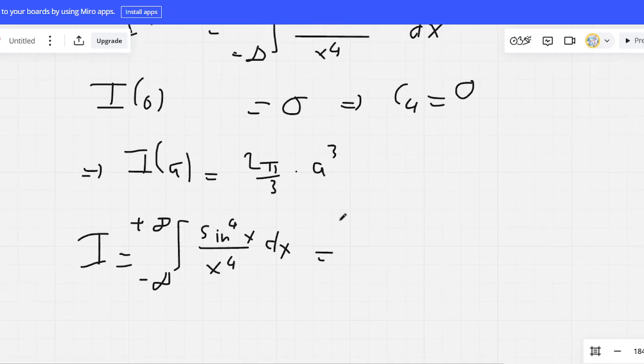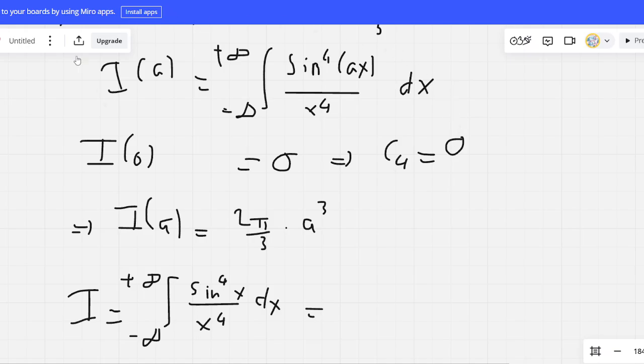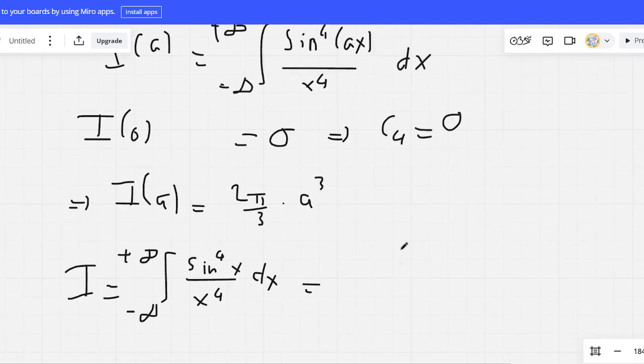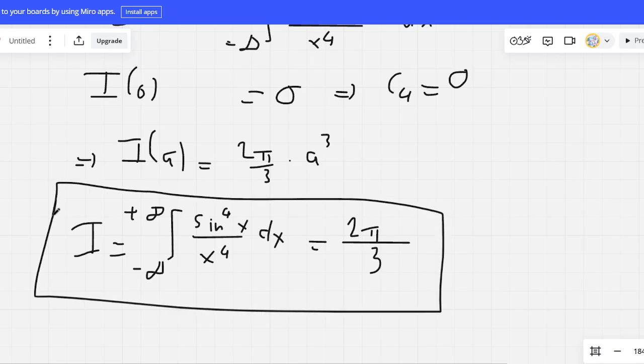Well, since we know I sub a equals 2 pi over 3 times a cubed, substituting a equals 1 gives us back our original integral, and at a equals 1, I sub a is actually just 2 pi over 3, and that, ladies and gentlemen, is the solution to the problem. The integral from minus infinity to positive infinity of the fourth power of sine of x divided by x to the power 4 dx is 2 pi over 3.